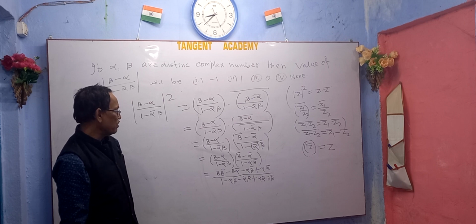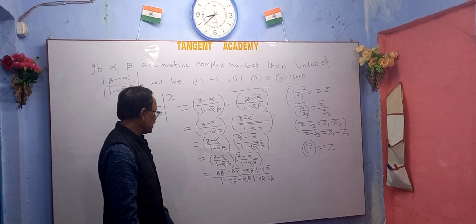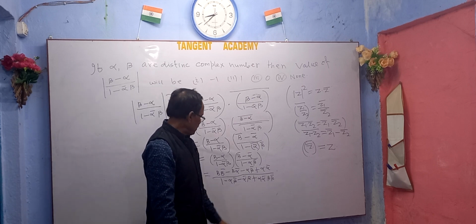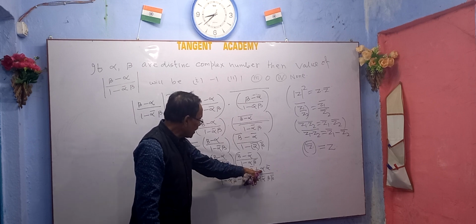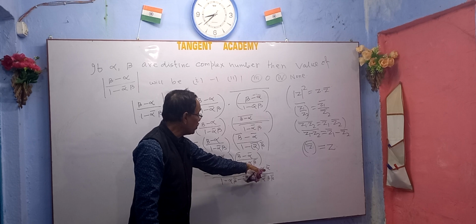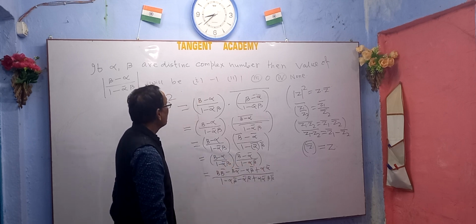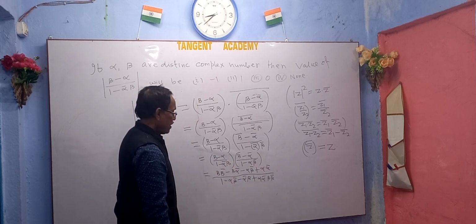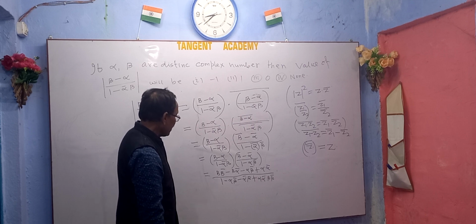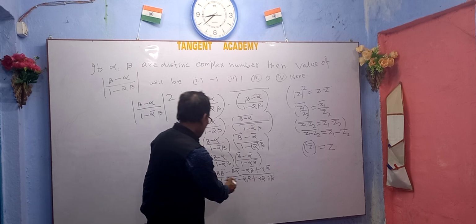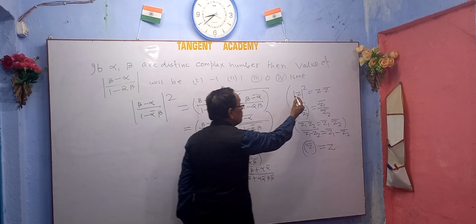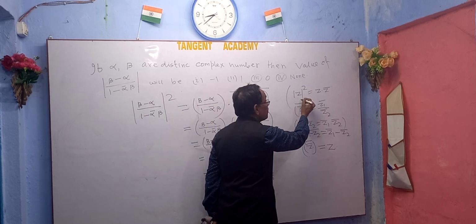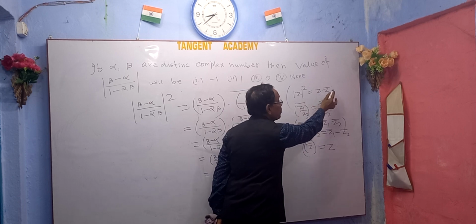Proceeding in this way, we know that alpha into alpha bar is equal to modulus of alpha whole square, and beta into beta bar is equal to modulus of beta square. According to this property, modulus of z square is equal to z into z bar.